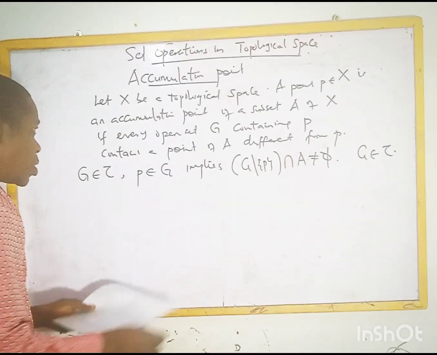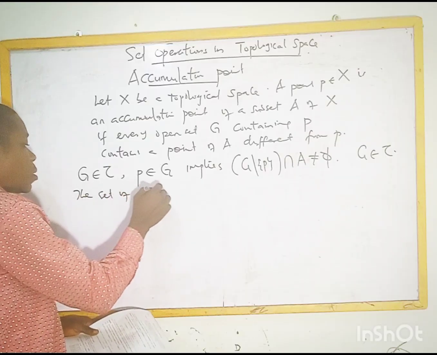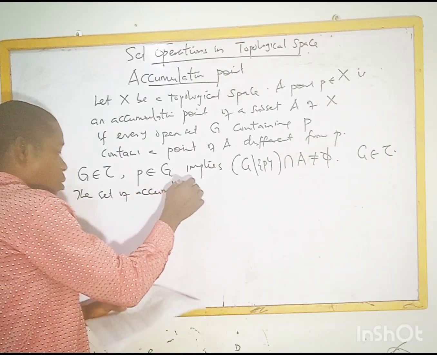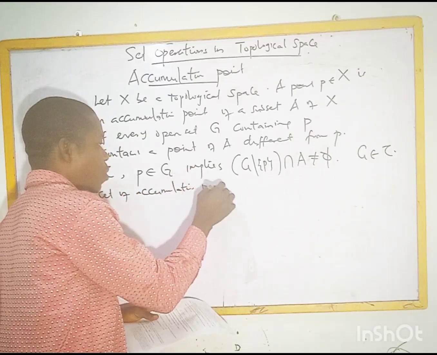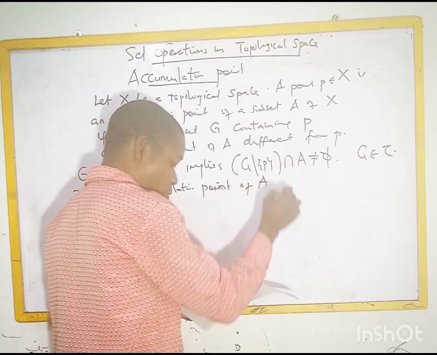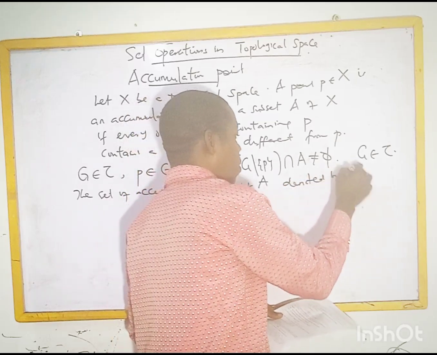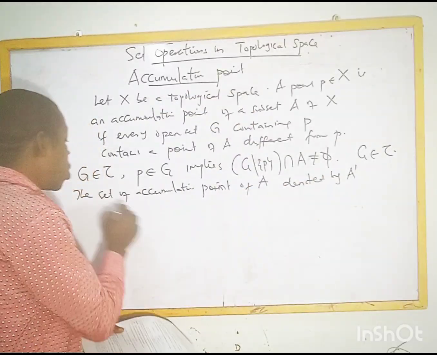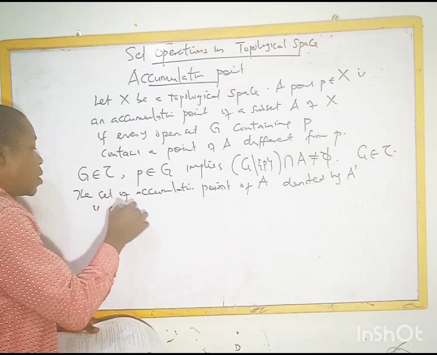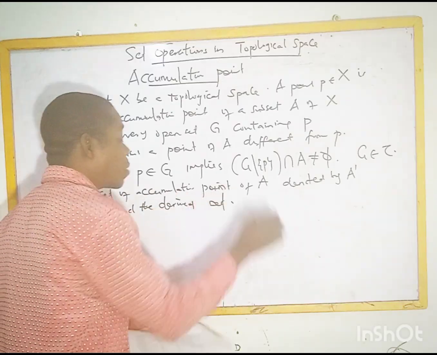So the set of accumulation points of A is denoted by A prime and is called the derived set.